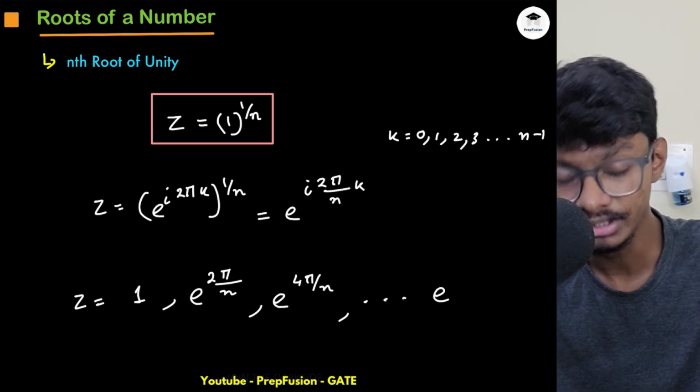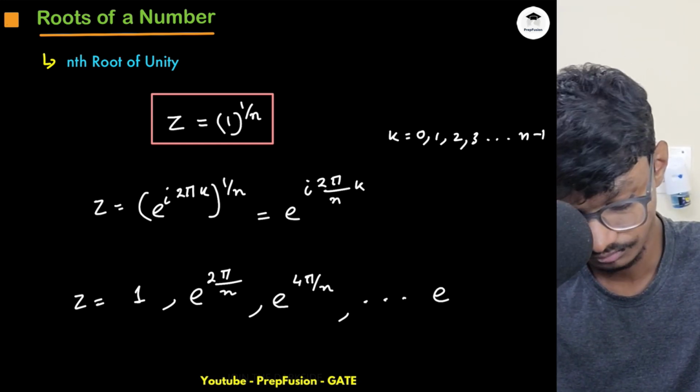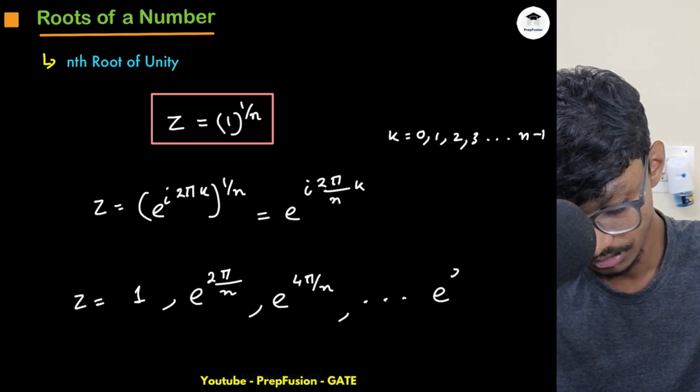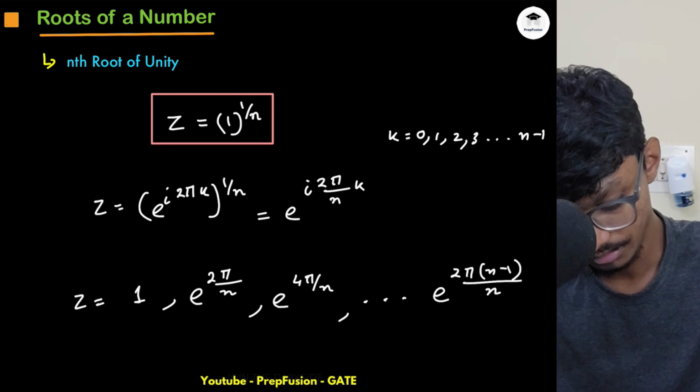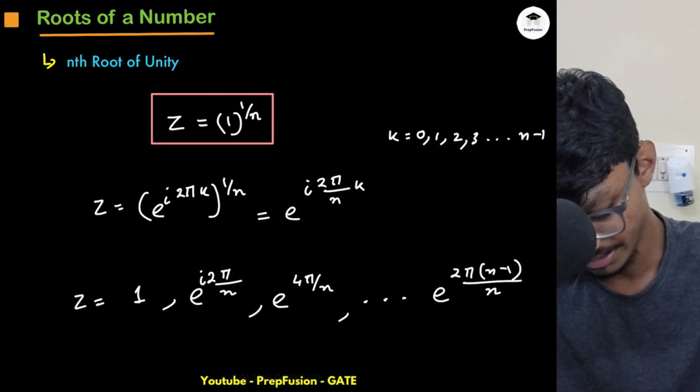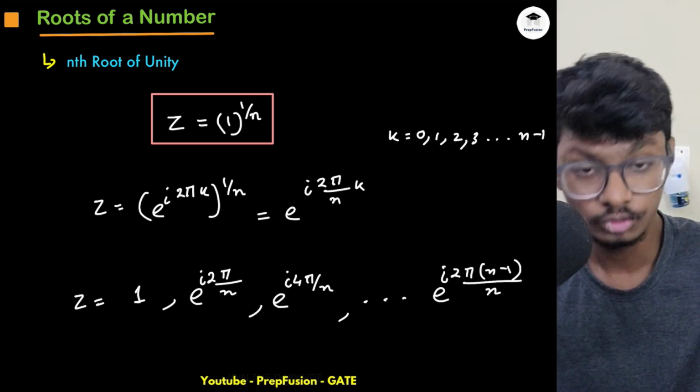And the last root will be e raised to power i 2 pi into n minus 1 by n. And obviously don't forget I also, these are not real numbers, these have i. So these will be your roots.